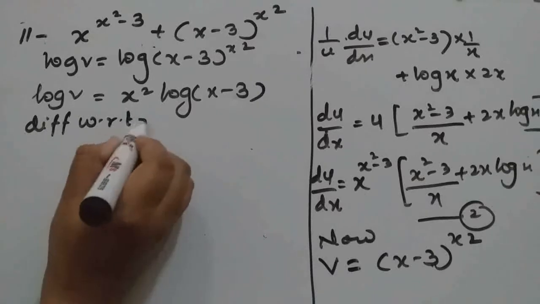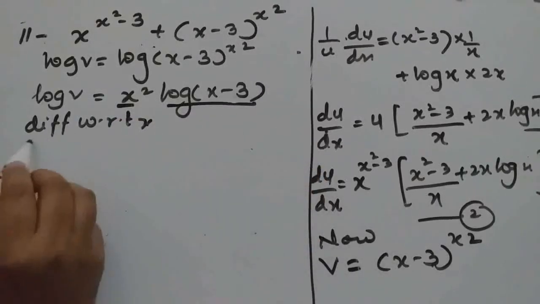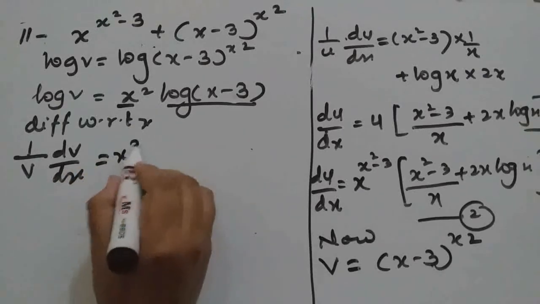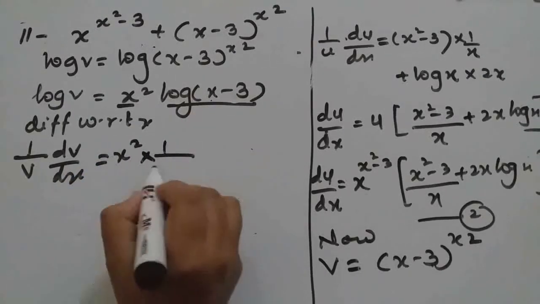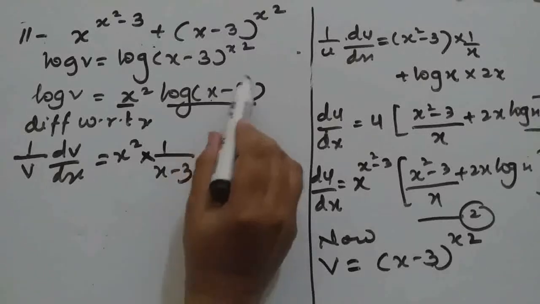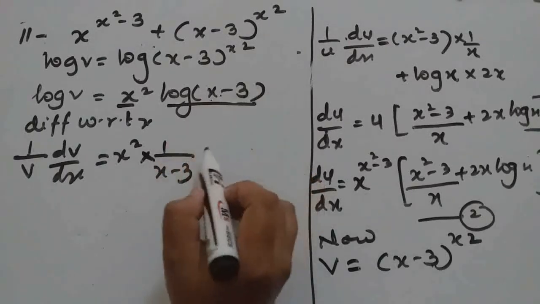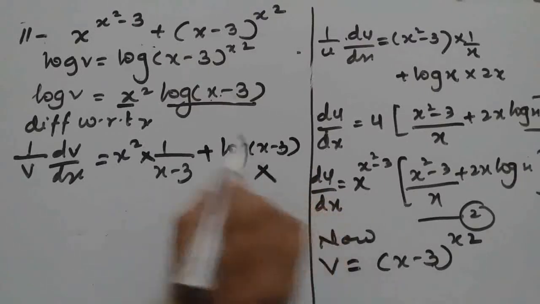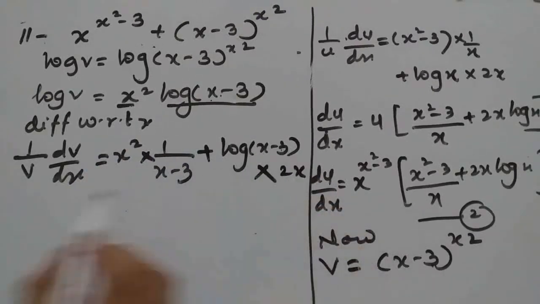So product rule, first function, second function, 1 by v dv by dx. First function same, derivative of this will be 1 by x minus 3 into derivative of x minus 3 will be 1. So I am not writing, plus log x minus 3 will remain same, derivative of x square means 2x.